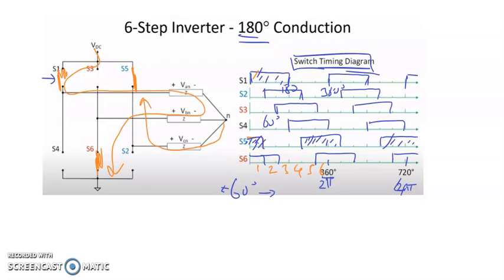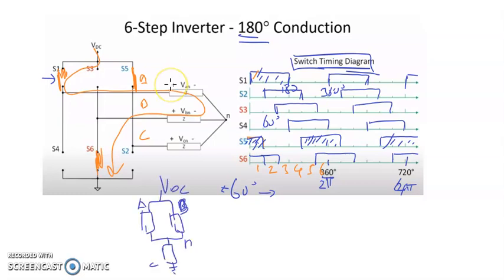So the most meaningful path is from the source going to A, so this is A, B, C, going up through B and back to ground. If we draw it again as a simplified circuit, it enters from 1 and also enters from 5.